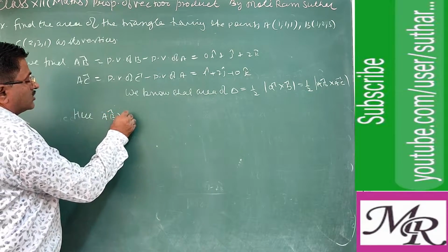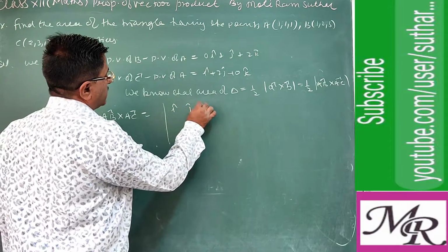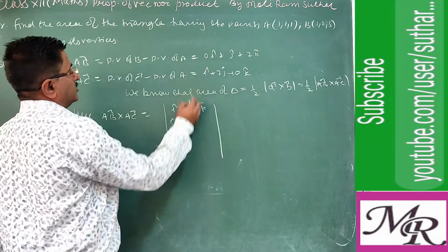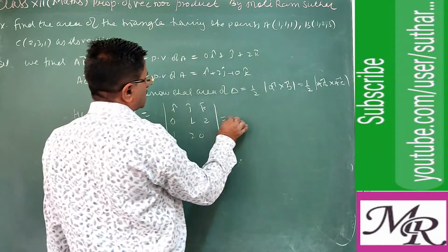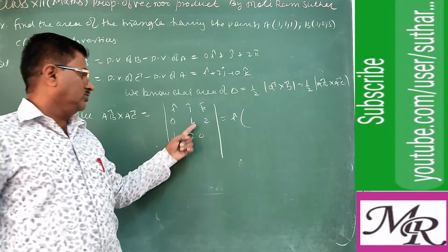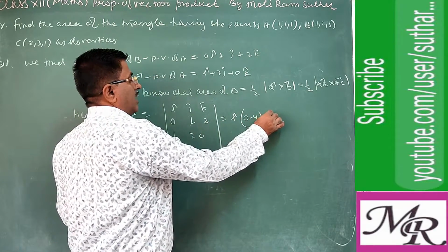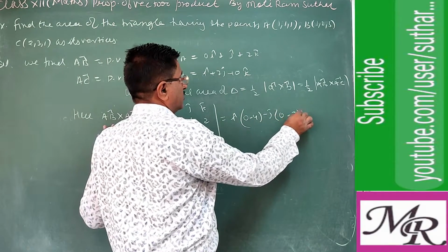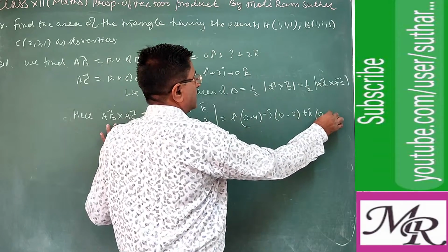AB cross AC. So use again the determinant with i, j, k. Coefficients of the first vector 0, 1, 2k, second 1, 2, 0. So expanding along the first row: i into (1 into 0 minus 4) minus j (0 minus 2) into 1 k (0 minus 1).